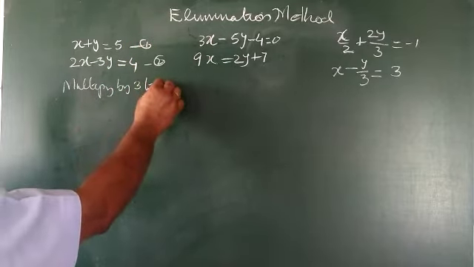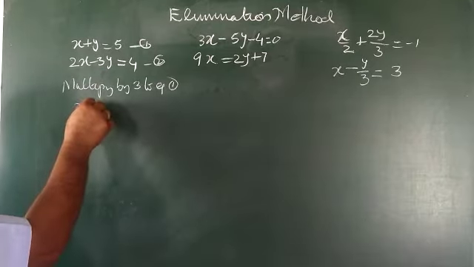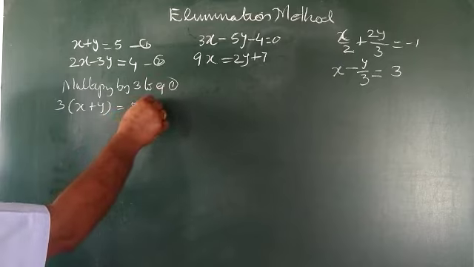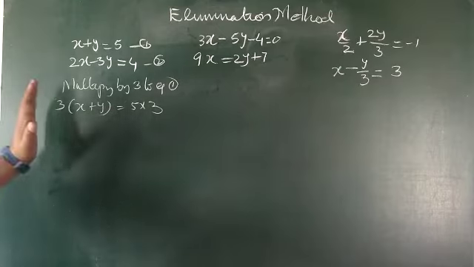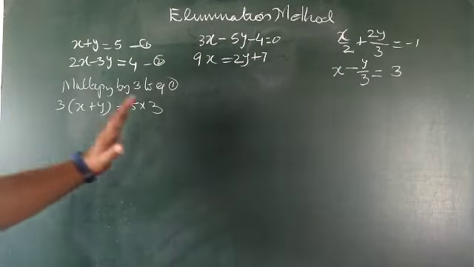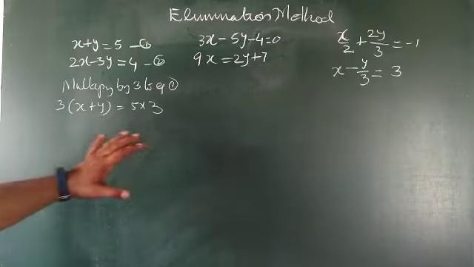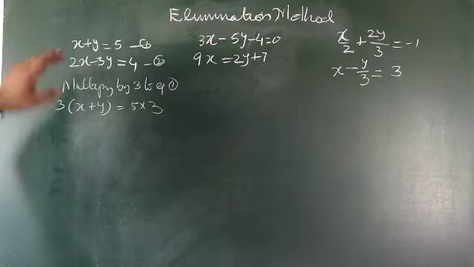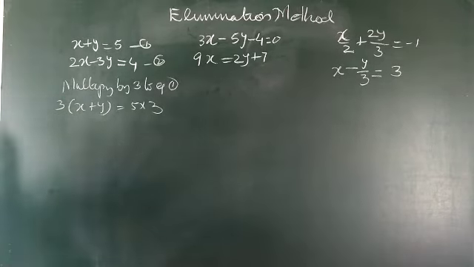So x plus y multiplied by 3 is equal to 5 multiplied by 3. Why? Because whatever we multiply on the left, we multiply on the right. If we want to neutralize, the 3 and 3 will cancel and again the same equation comes, which is our basic equation. So when we multiply, we should multiply both sides, the left side of the equal and the right side of the equal.